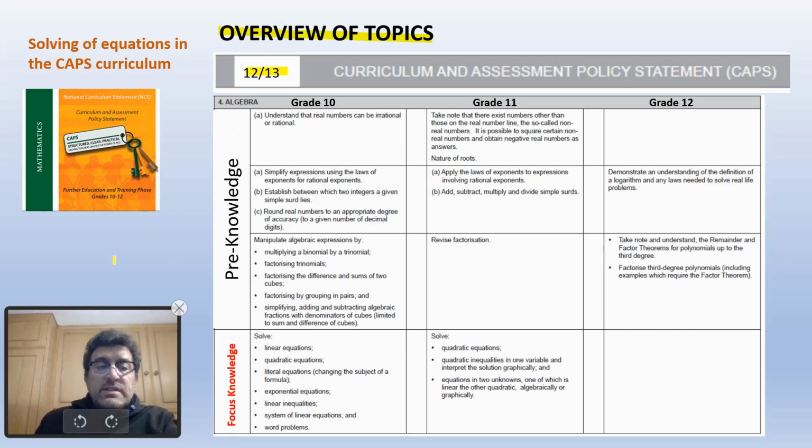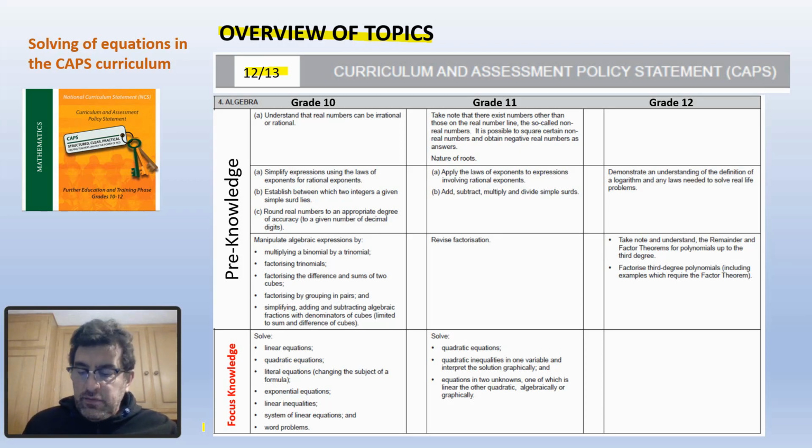It might make sense to include that in the overview of topics if it is essential. In our case here, I needed a little bit more information to be able to talk about the focus knowledge in a more authoritative way.